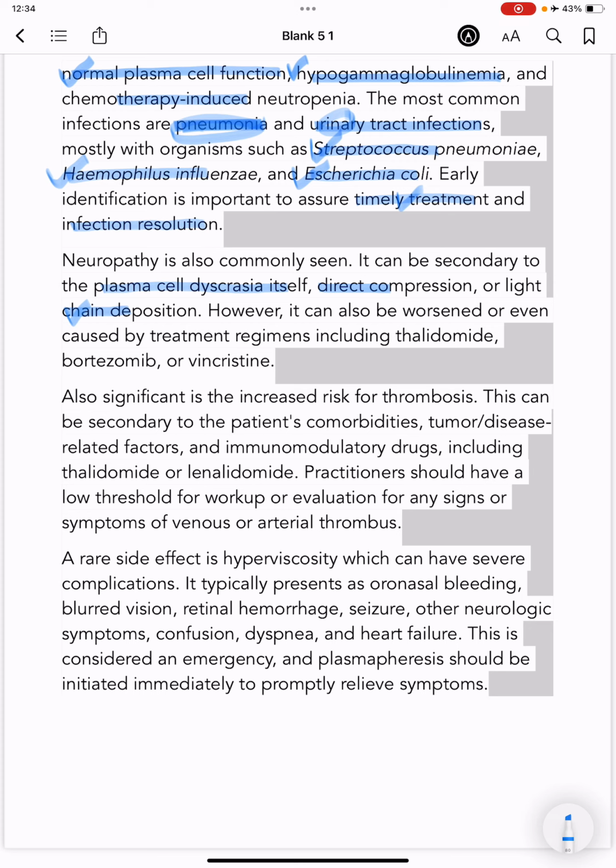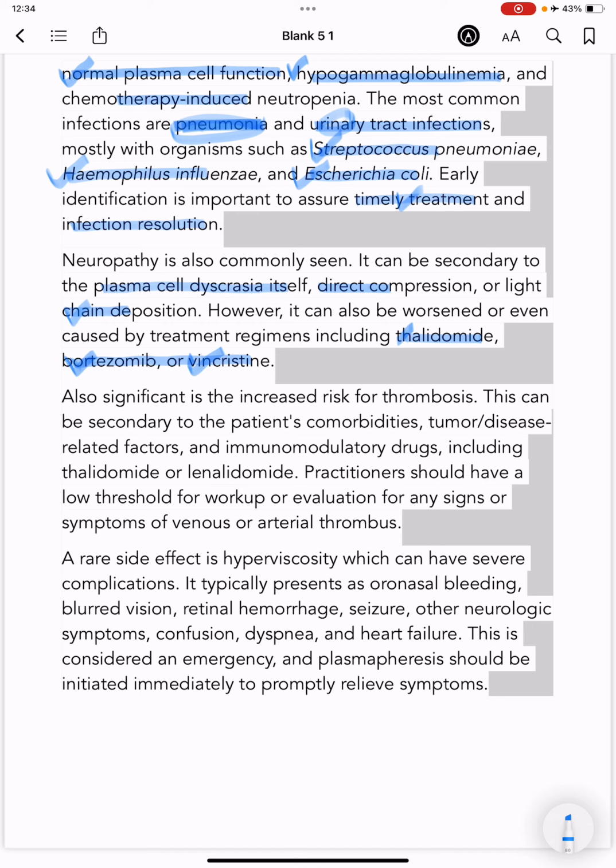Even the drugs which are used in the treatment of multiple myeloma, like thalidomide, bortezomib, or vincristine, also cause this neuropathy.